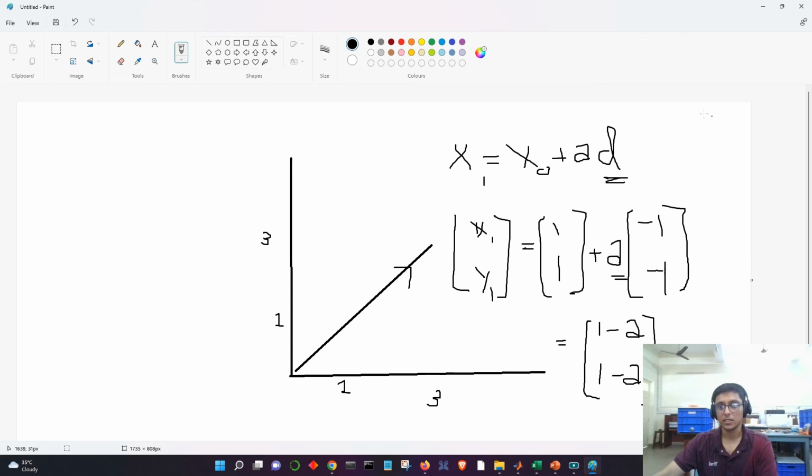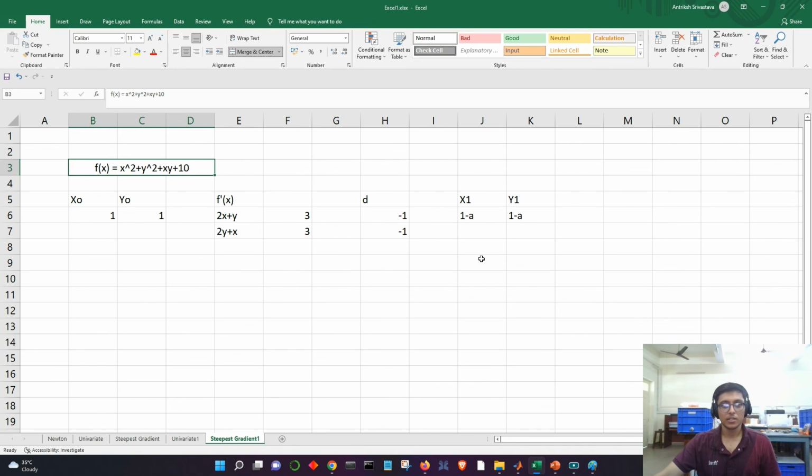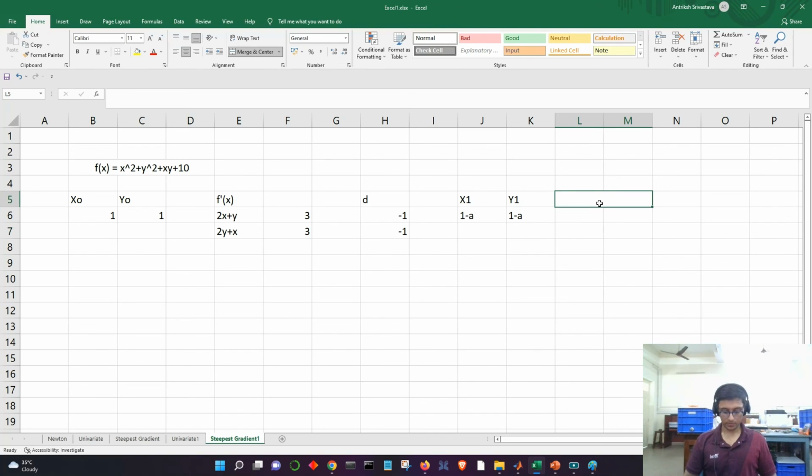Okay, so we have this, and now we will put this particular 1 minus a, 1 minus a into this expression, and it nicely conforms into a very simple looking expression. If you look at it, that's why I chose a symmetric equation.